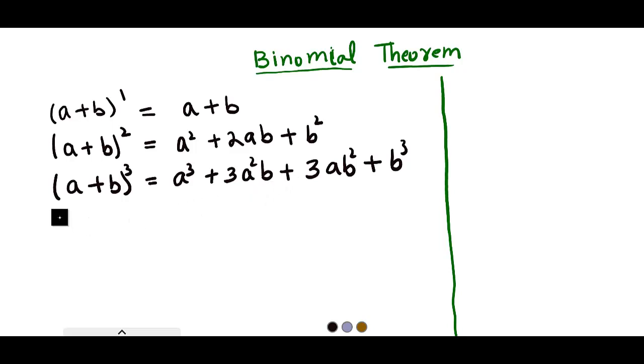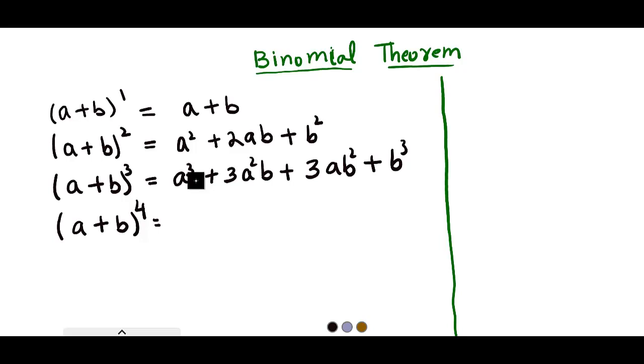Next, we will find the expansion of A plus B power 4. To find A plus B power 4, we will check the pattern of the terms in the first three expansions. First we will check the pattern of coefficients.